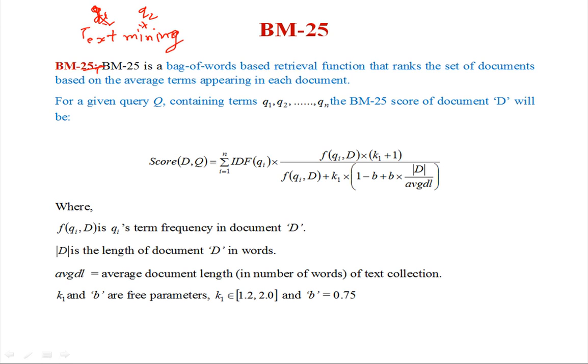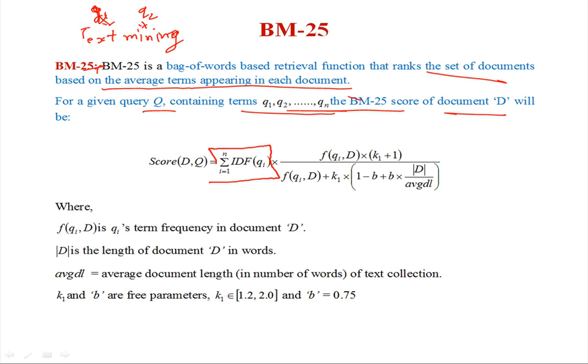BM25 is a bag of words based retrieval function which ranks a set of documents based on the query terms appearing in each document. For a given query Q, suppose it contains terms Q1, Q2 to Qn. The BM25 score of document D will be given as follows. It also contains two parts. First is the IDF of that query term.